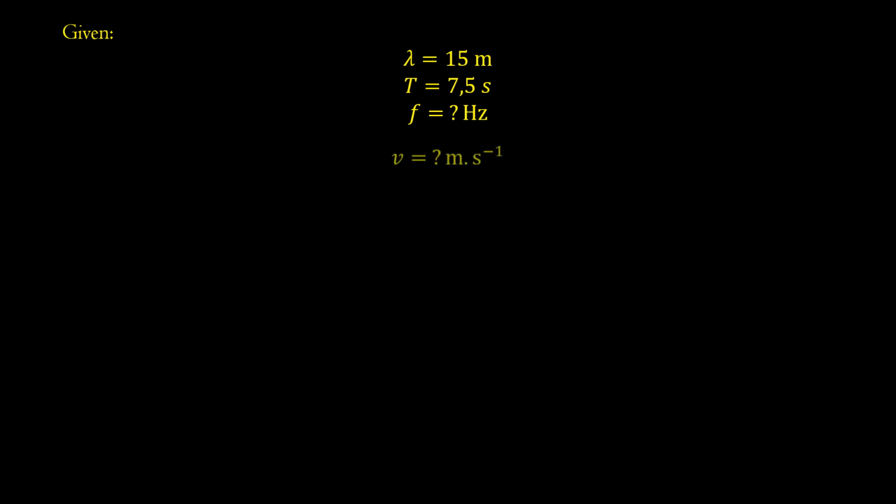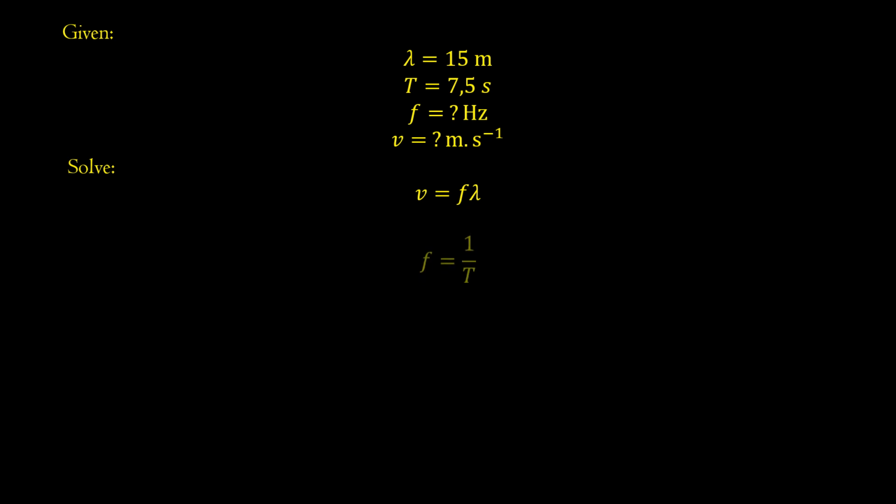And when we have the wavelength as well as the period, we will be in a position to determine the speed of this longitudinal wave, which must be measured in meters per second, right? So to find the speed, we use the wave equation, which is that the speed v equals the frequency f multiplied by the wavelength lambda.